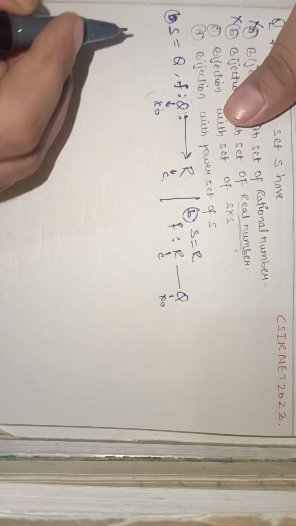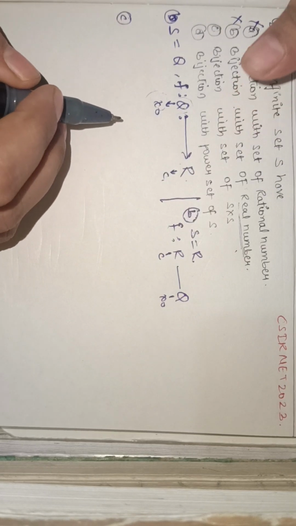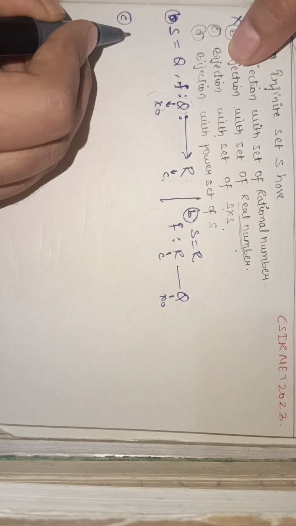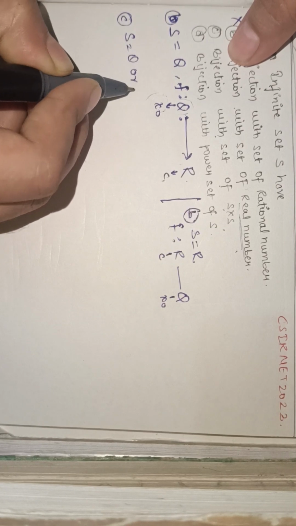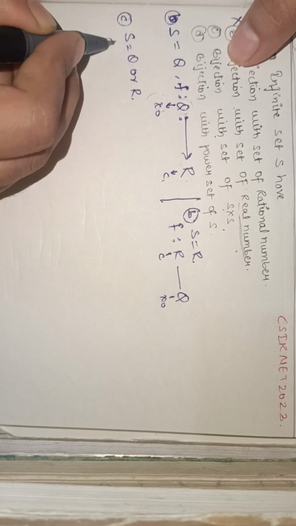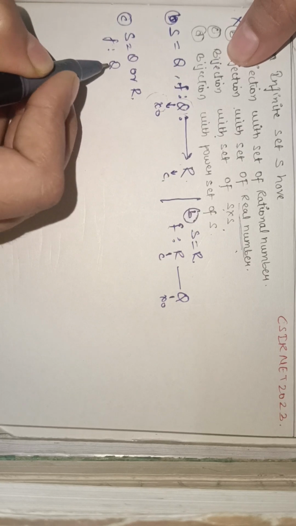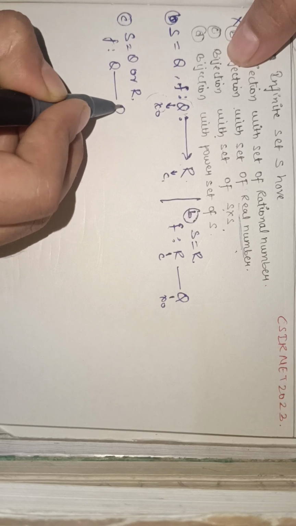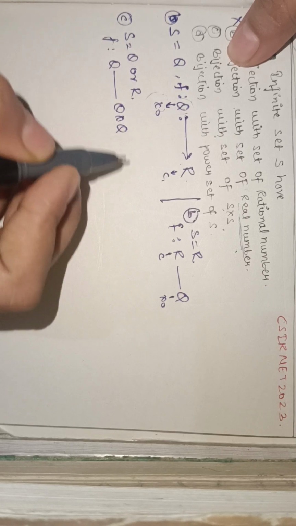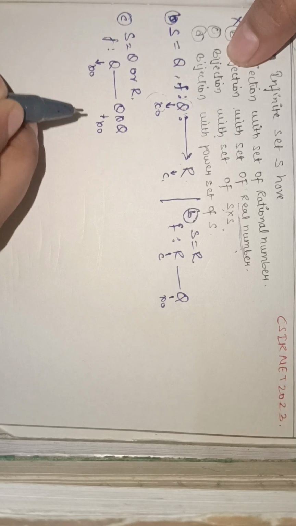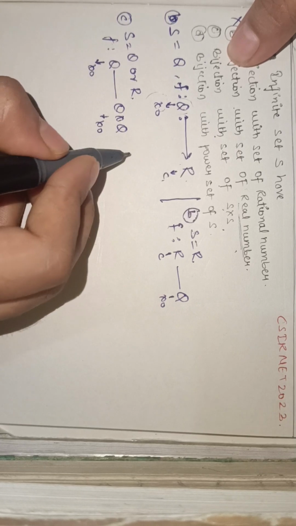Now we will discuss the option, bijection with the set X cross S. If we take S equals Q or S equals R, for Q, f from Q to Q cross Q, here this cardinality is aleph naught and this cardinality is also aleph naught, so the cardinality is the same.